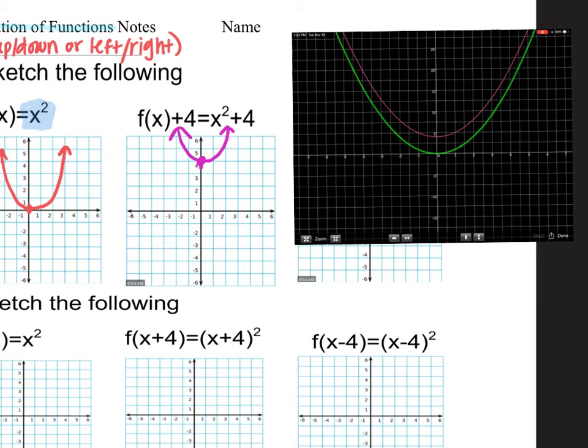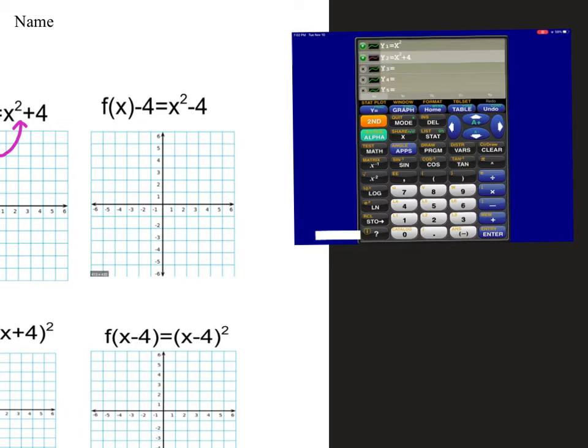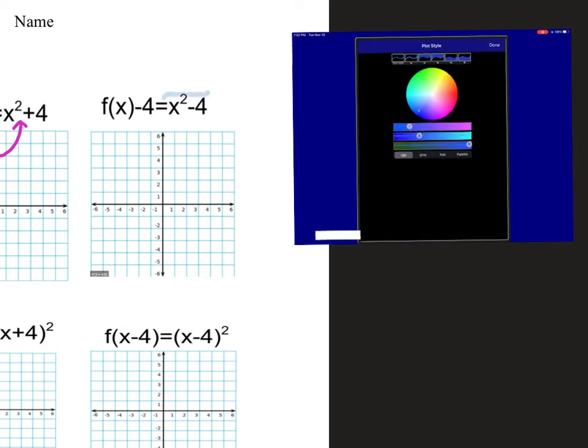And then our third equation, and anyone have any ideas what this one might do? So let's type it in. Let's go back to our y equals. And we'll type in x squared minus 4, and what we're typing in is just the right side of the equal sign.